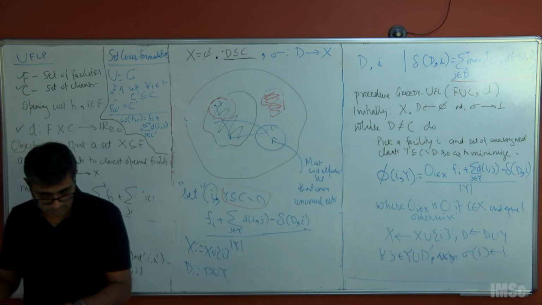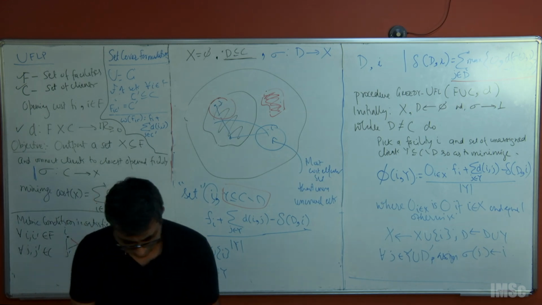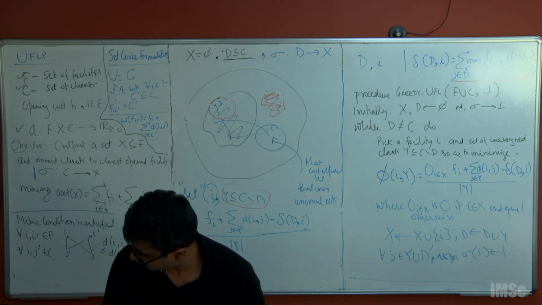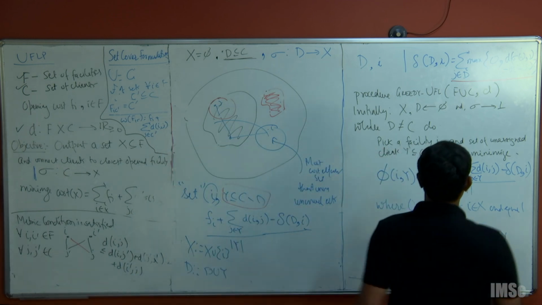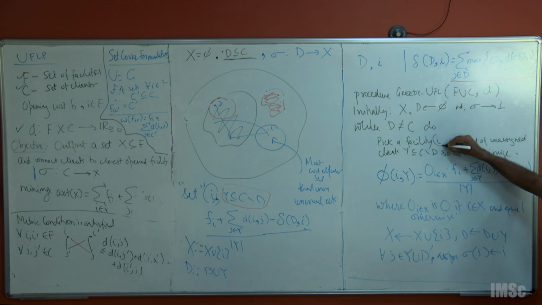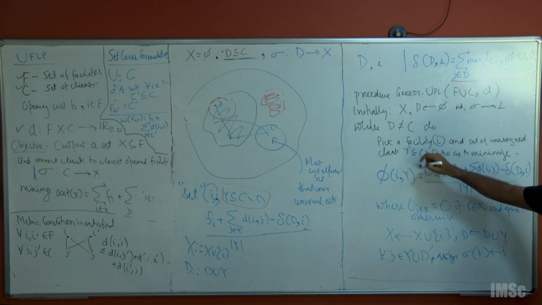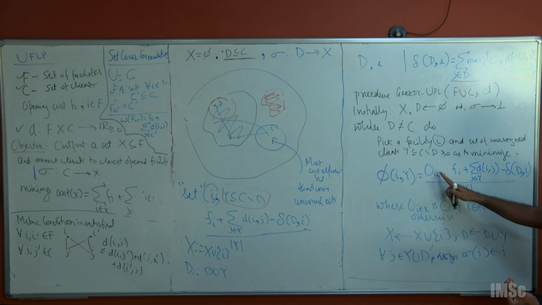Let me explain this algorithm to you. The algorithm is exactly the same as what I've been trying to explain from that point of time. I pick a facility i and a set of unassigned clients so as to minimize this function. What does 0 if i is in X mean? If I choose a facility i which is already selected, then this cost is 0.